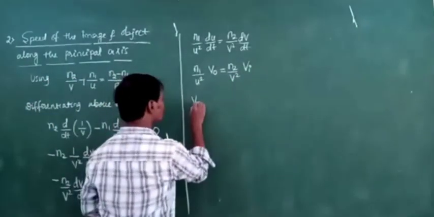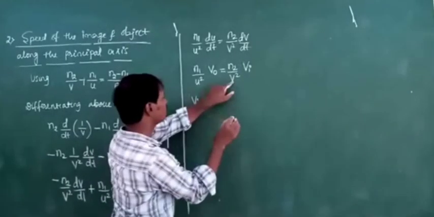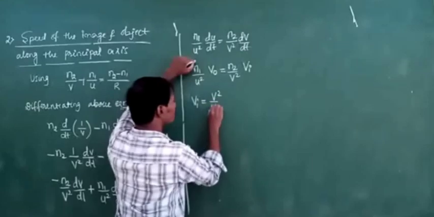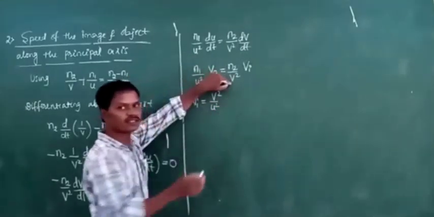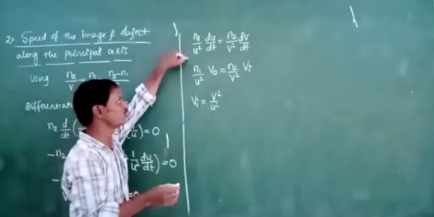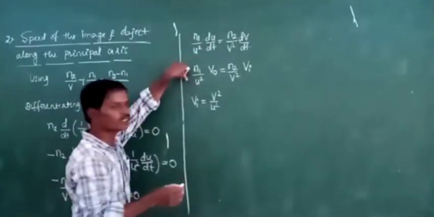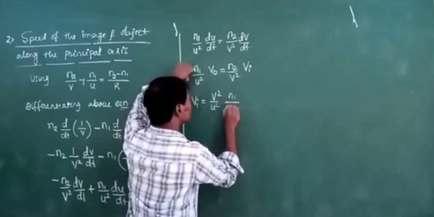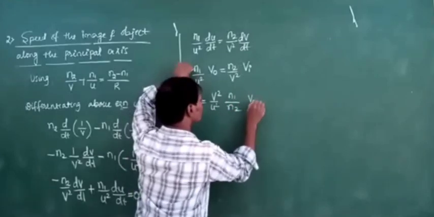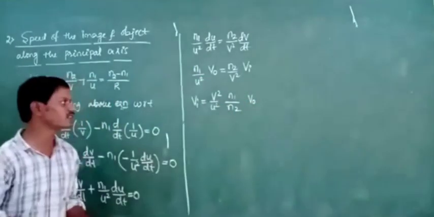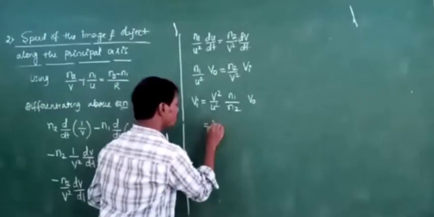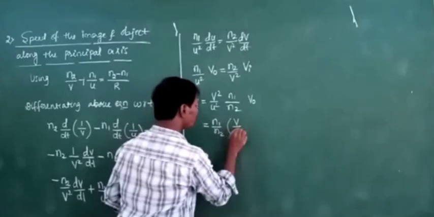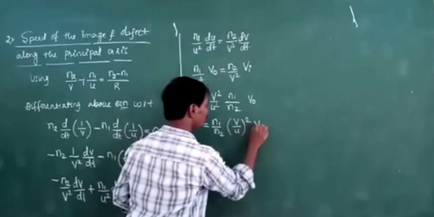Then vi is equal to, I will take v square to the left hand side. Because v square is in the denominator, it comes to the numerator, and n2 on the left hand side comes to the denominator. That is vi equals n1 by n2 into v by u whole square into vo.